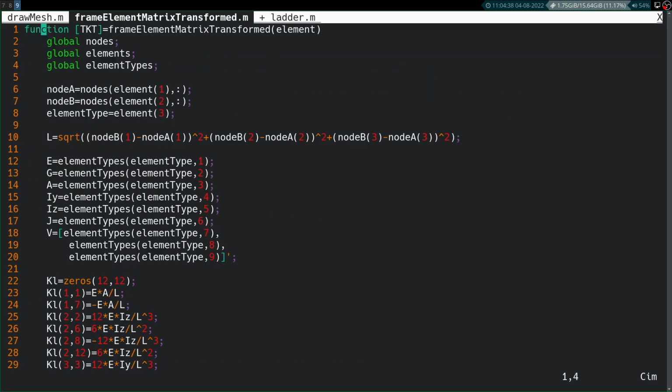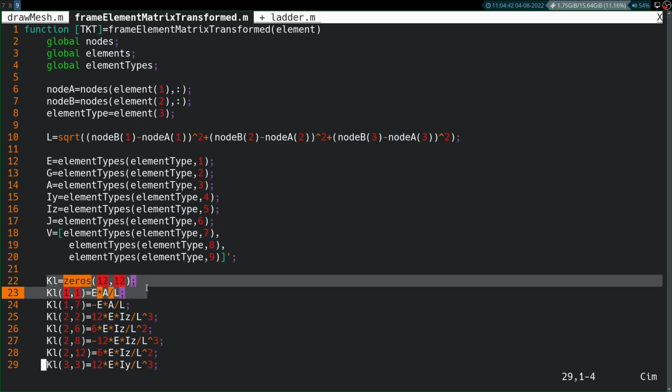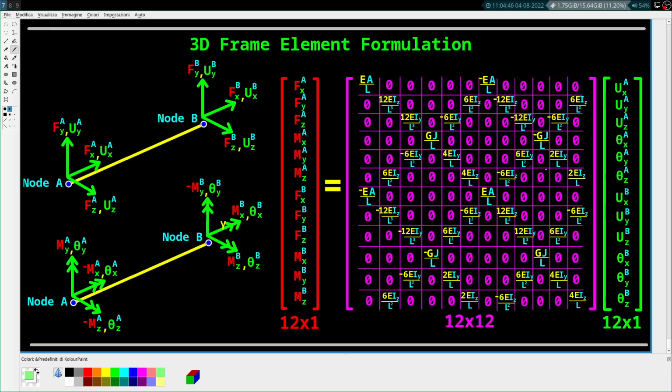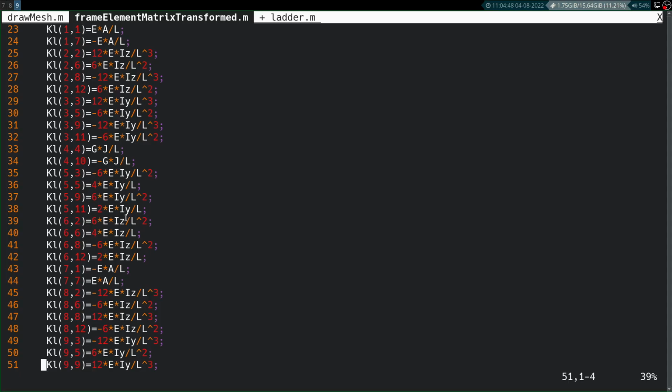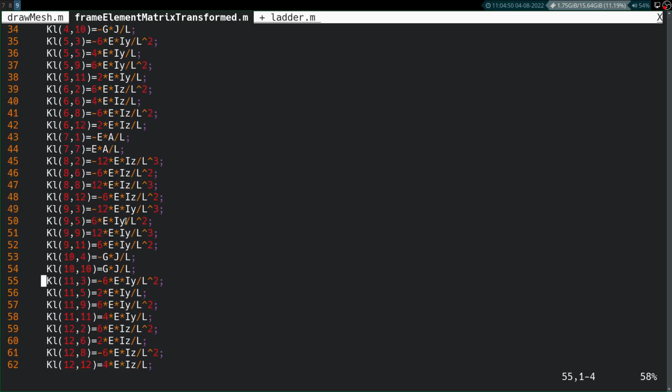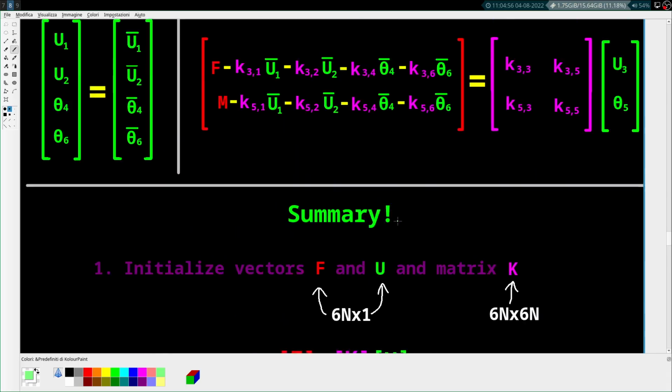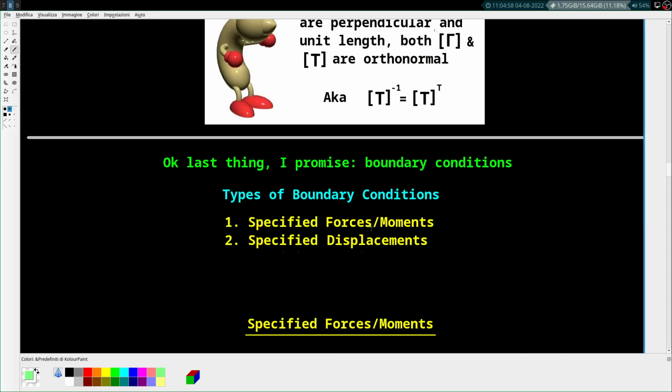And then we just initialize the local matrix, 12 by 12. We plug in all these values. These are all the non-zero terms. Very simply, plug it all in. It's a lot of stuff, but you just make sure it's all correct. Then we're computing these local unit vectors in the global frame.